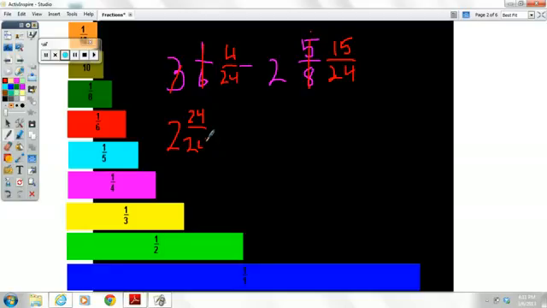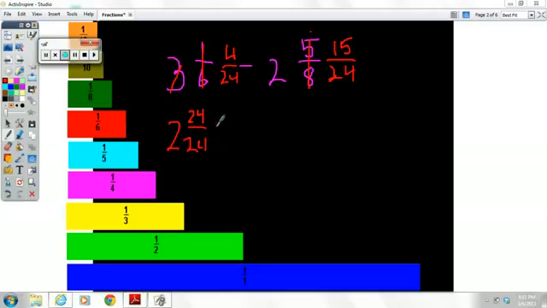2 and 24/24 is equal to 3. Now what we're subtracting isn't just 3 minus 2 and 15/24. It's 3 and 4/24.